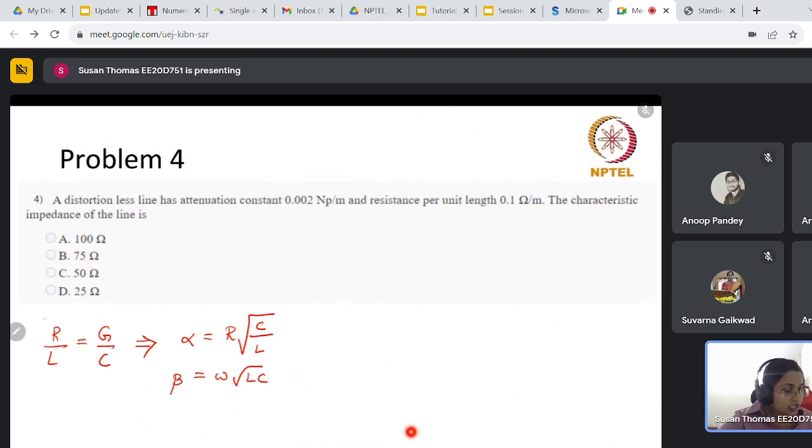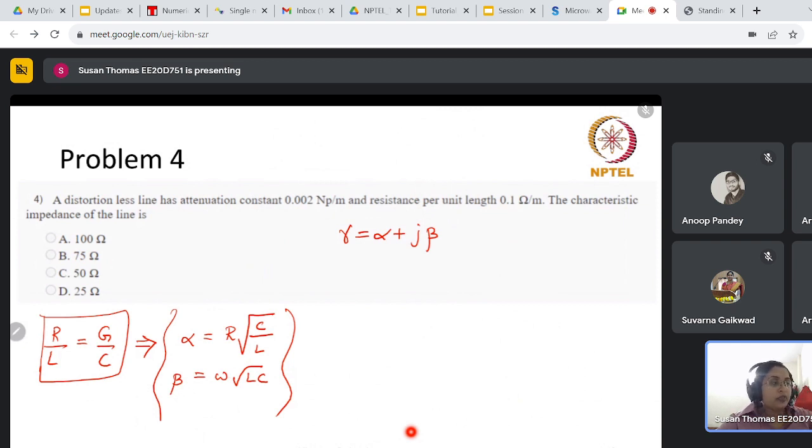Under these conditions, alpha and beta get reduced to these equations. The propagation constant is alpha plus j beta. Alpha is frequency independent and beta is frequency dependent because beta has the parameter omega.